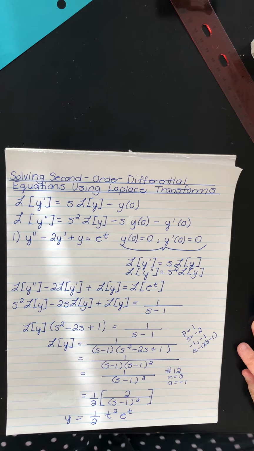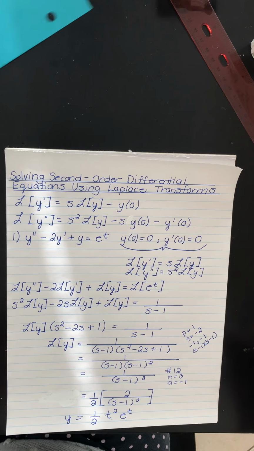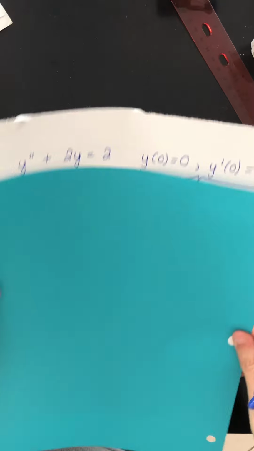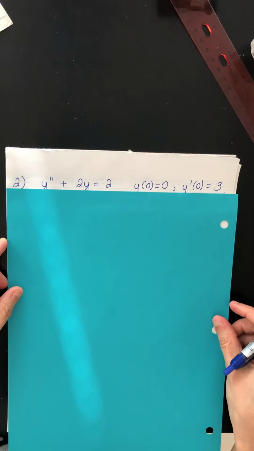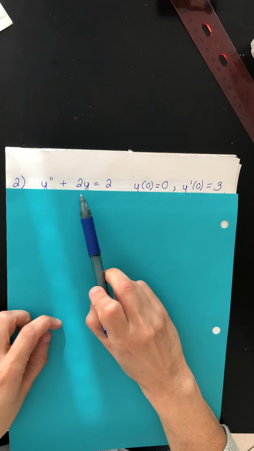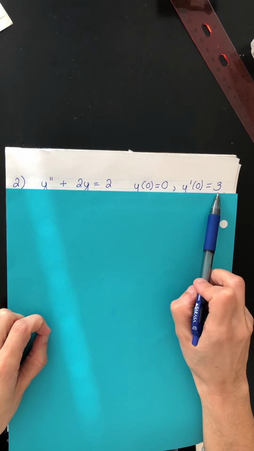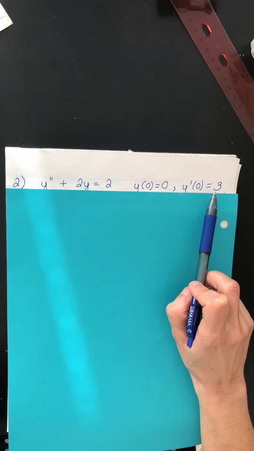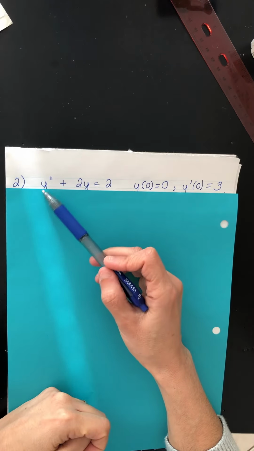Okay, we're going to look at a second example now together as well. Okay, so here is example 2. y double prime plus 2y is 2. The initial values are 0 and 3. So we can substitute into those first formulas for the transform of y double prime to begin with.